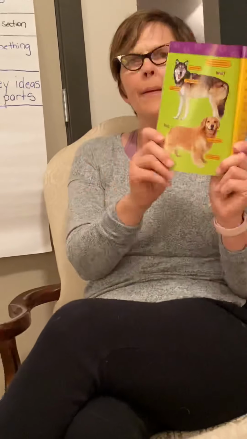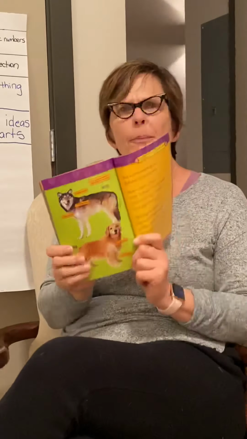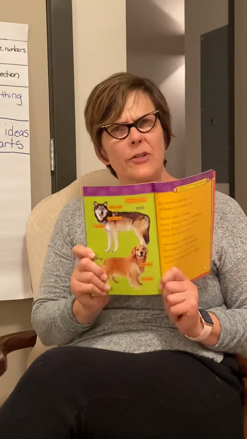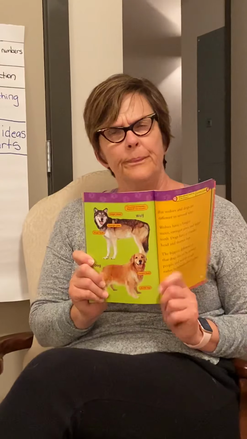Here's the diagram, talking about the difference between a dog and a wolf. That helps me a lot as a reader to find out all I want to know about wolves and how they're different from dogs. All right, so our text features helped us to learn more before we ever even read the chapter about wolves.